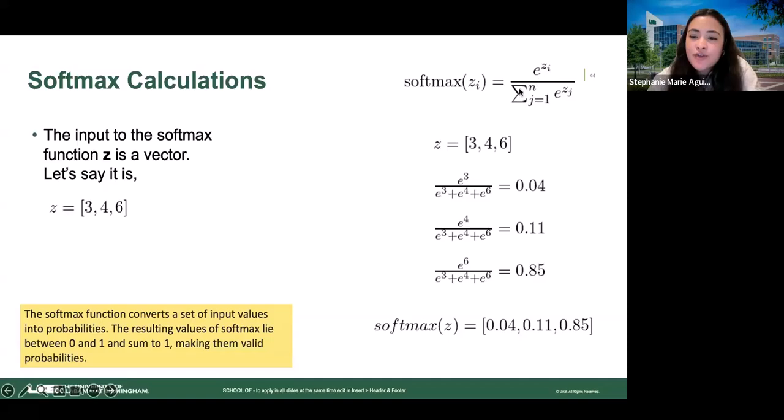And this is the function for softmax. So if you think about a matrix Z of 3, 4, and 6, you would input these numbers into the softmax equation, and in itself it would transform it into this softmax matrix at the end. And that's where you would have that 0 to 1 aspect. Does that make sense?